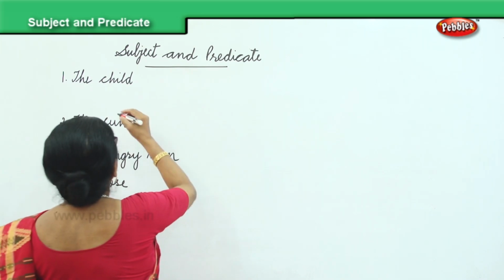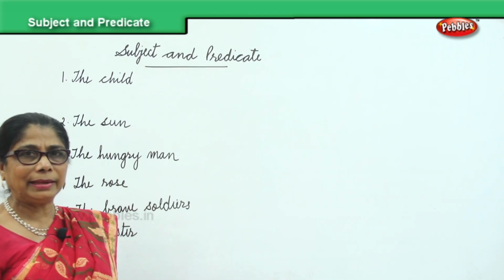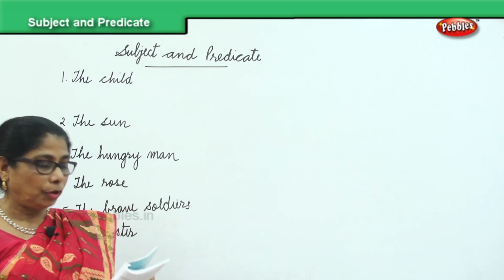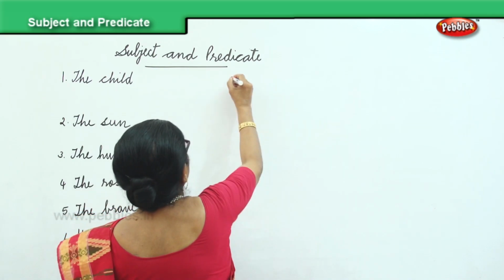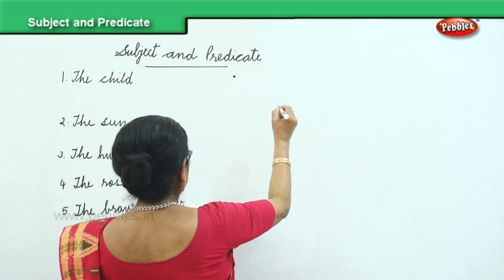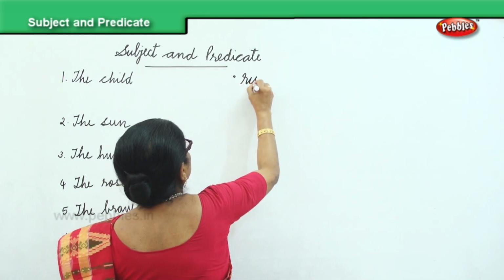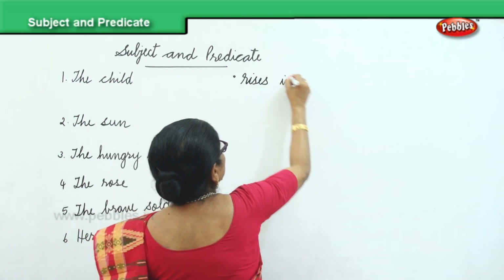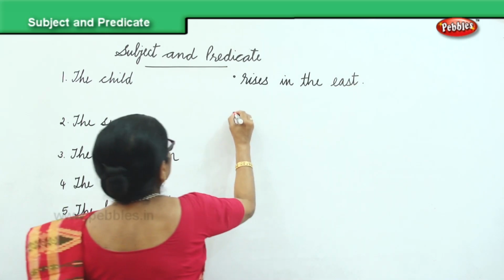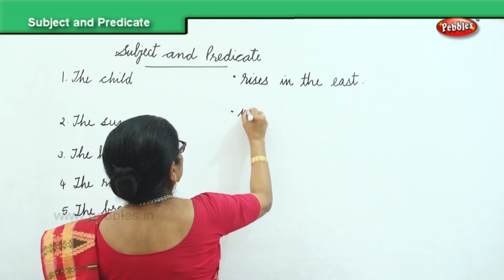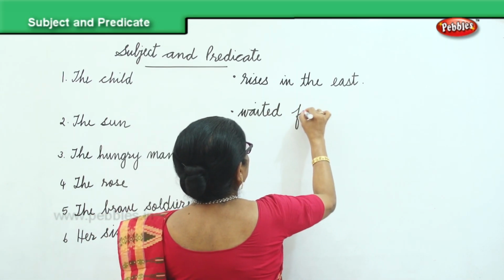Now here I have one part, that's a subject, and I'm going to put the predicate, and you choose the correct ones and form sentences, okay? For the food.